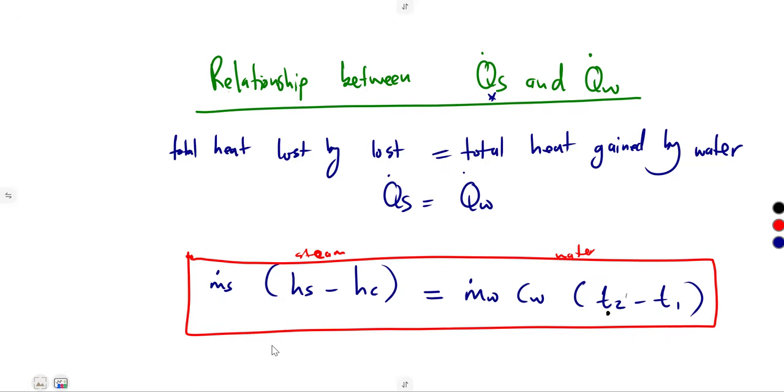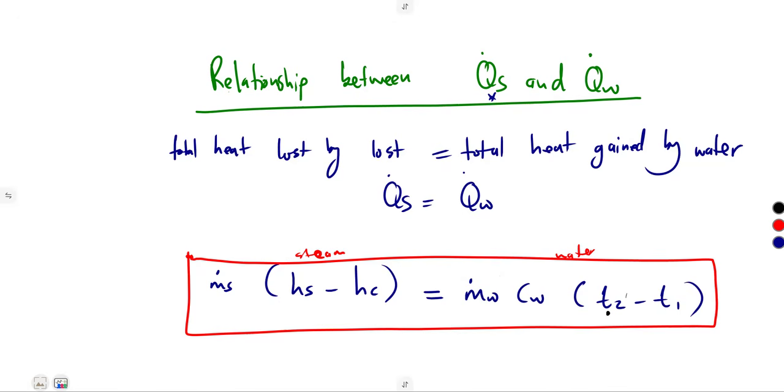The two are equal. It's an equation, so anything can be used. So to calculate the mass flow rate of condensing water required, mostly, or for steam. But it can also be to calculate T2 or T1, depending on what you are given.